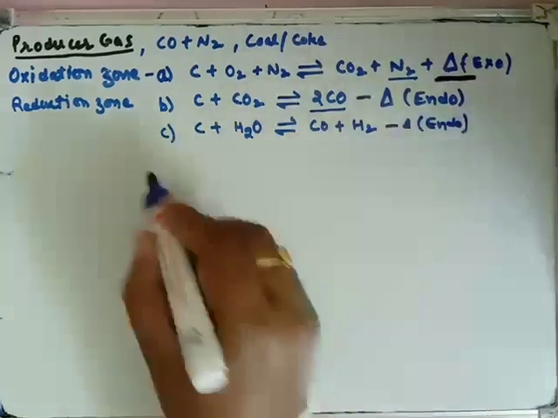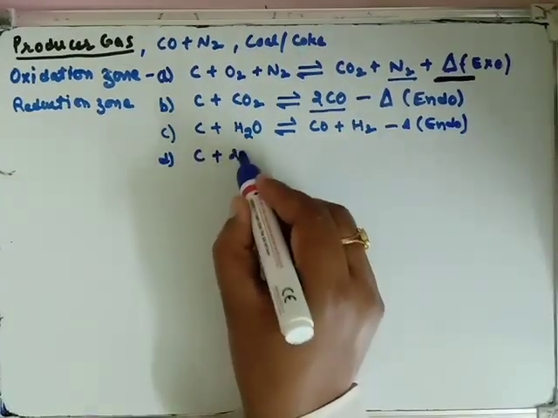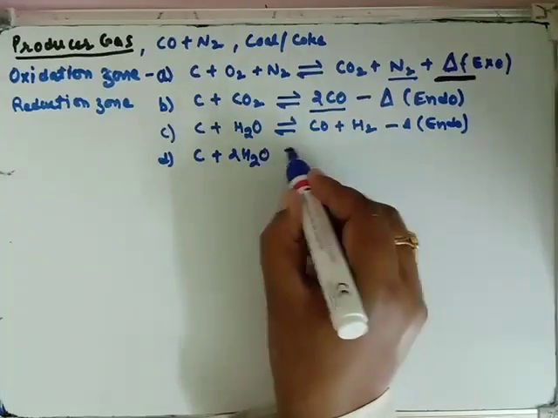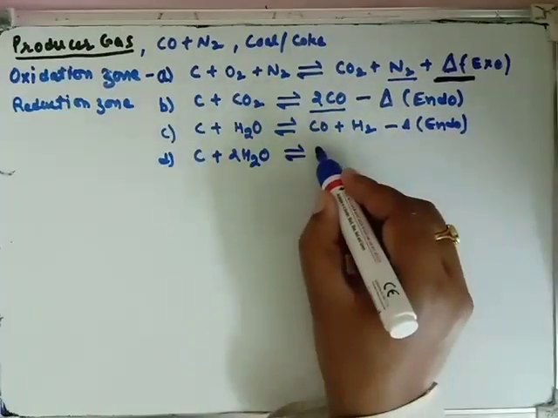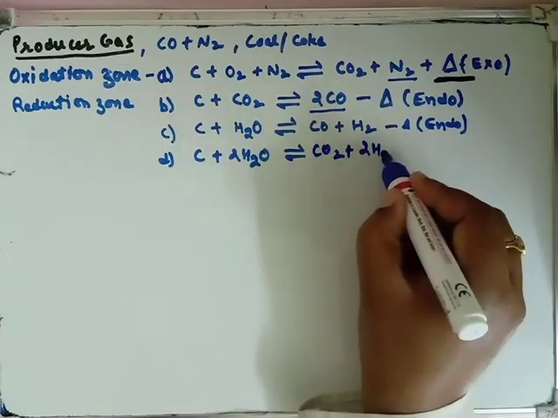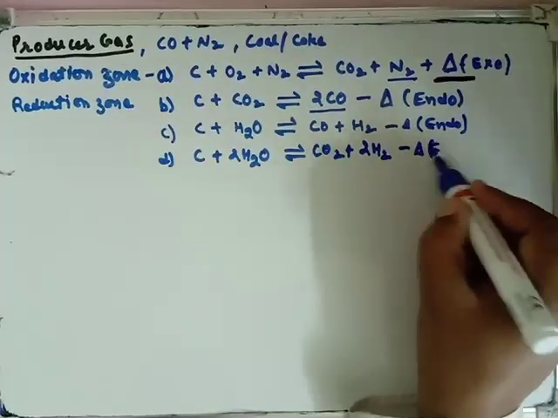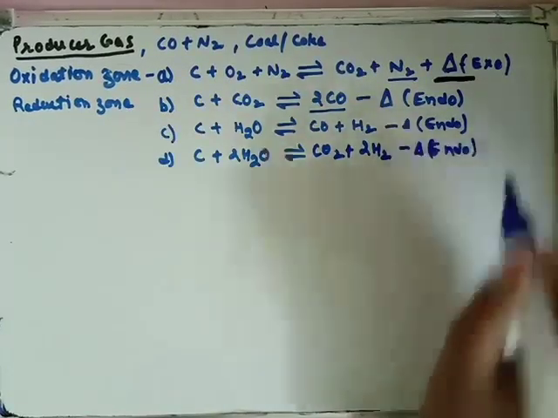The second reaction which takes place with the steam is that carbon may react with two molecules of water to give carbon dioxide and two molecules of hydrogen. The reaction is again endothermic in nature.